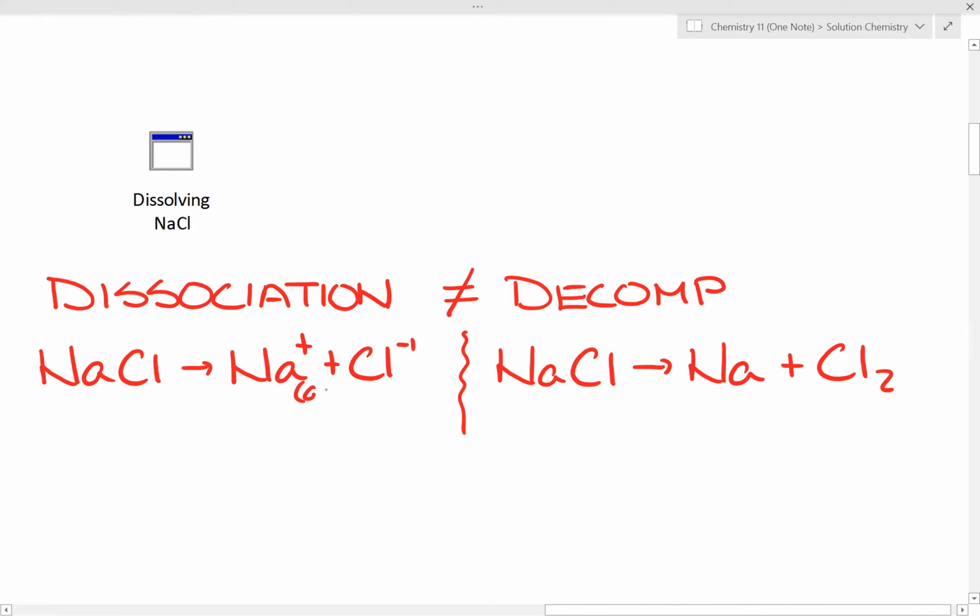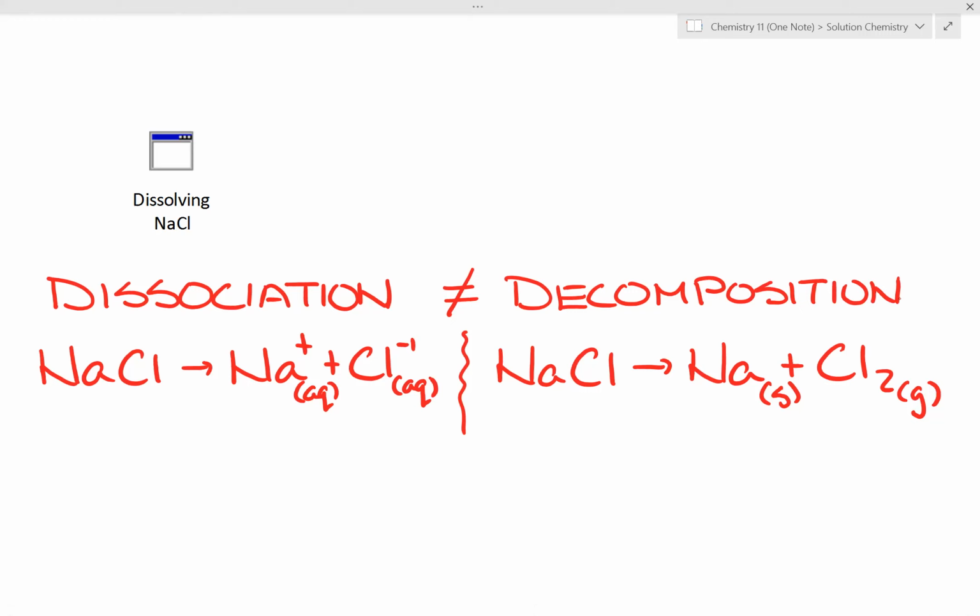So here would be aq, this would be aq, this would be solid, this would be gas. So they look similar, but please make sure you understand the difference between dissociation and decomposition. In one, you break apart into ions in solution. That would be dissociation. In decomposition, you break apart into its component neutral elements.